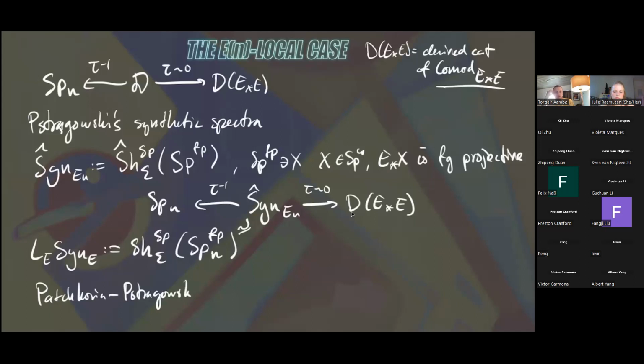In joint work, Piotr and Irakli Patchkoria made a generalization, or a slightly different version, of synthetic spectra that works not only for spectra, but for more general stable infinity categories. These are called perfect derived categories, or perfect sheaves. Perfect derived category is usually the way to go, and I'm going to use this notation.